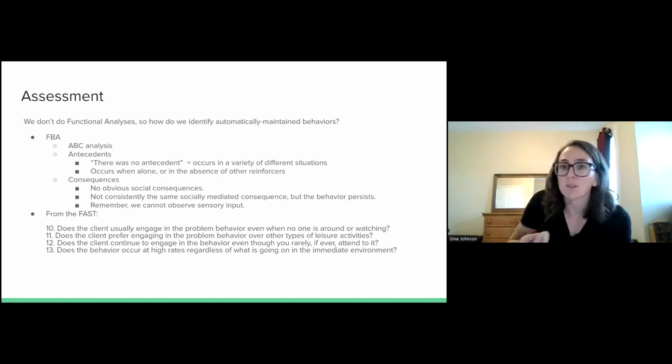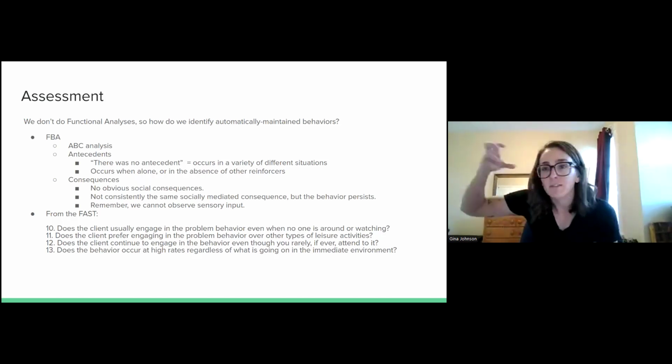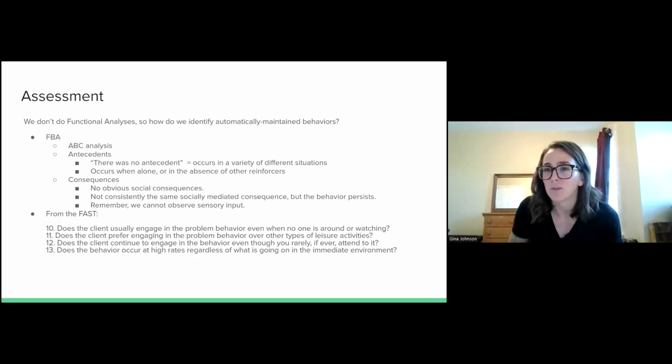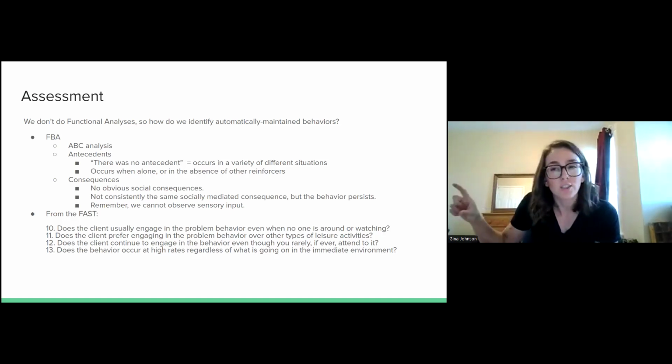Or tangibles were accessed some of the time, but not really. And you're like, what the heck is going on here? It's not attention, it's not tangibles. It's undifferentiated. I can't differentiate between those conditions. That could be a cue for us that it's that across-all-conditions situation.